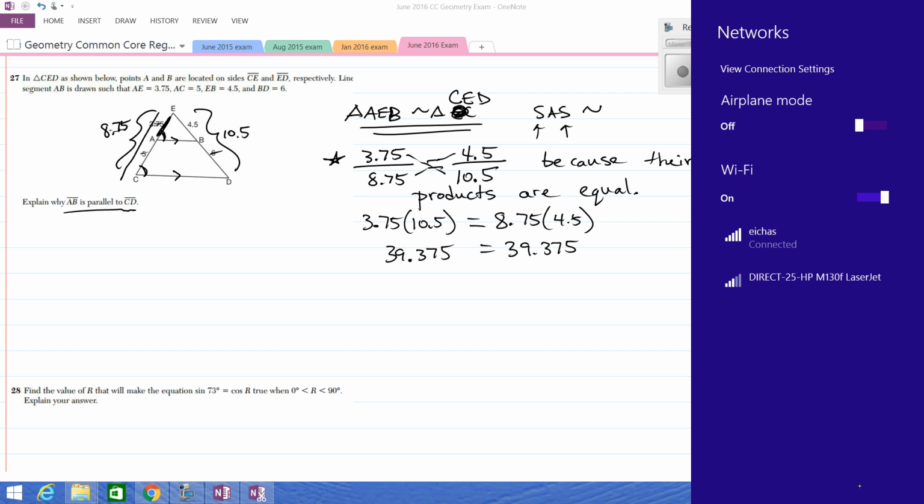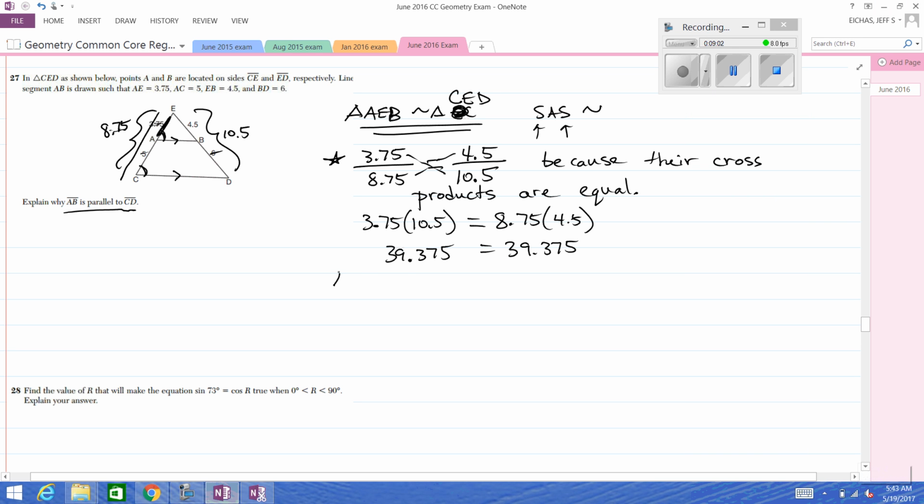Now what do we need? Well, we need this pair of angles. Angle E is congruent to itself by reflexive property. Let's see, now the triangles are similar.